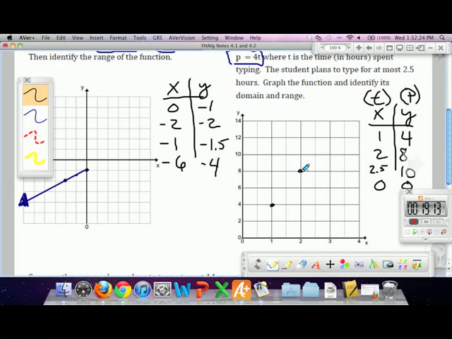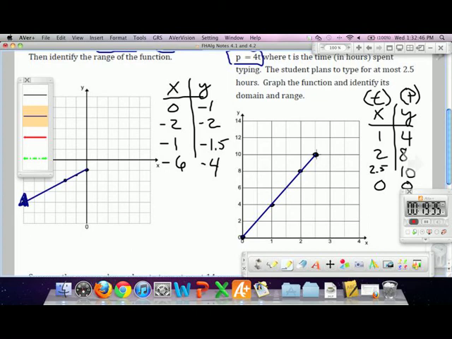And you could type for any increment in between there. As long as I start at 0 and I type anywhere up to 2.5 hours, anything that lies on this line would give me the amount of pages I can get out. Would I want to extend this line farther? Why not?